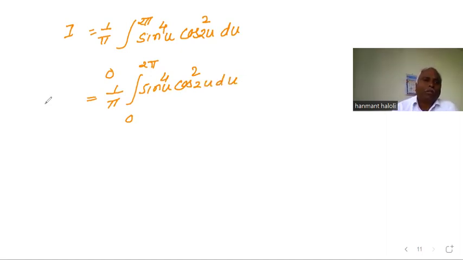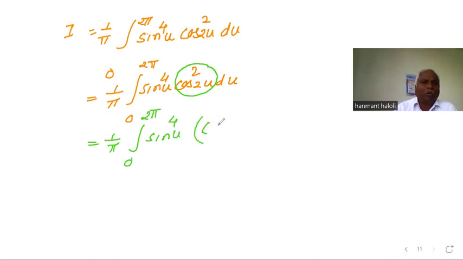Now we have the cos^2 formula: cos 2θ formula is nothing but cos^2 minus sin^2. So this is equal to 1/π times the integral from 0 to 2π of sin^4 u into (cos^2 u minus sin^2 u) du.